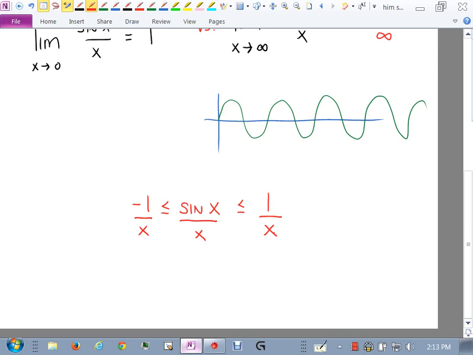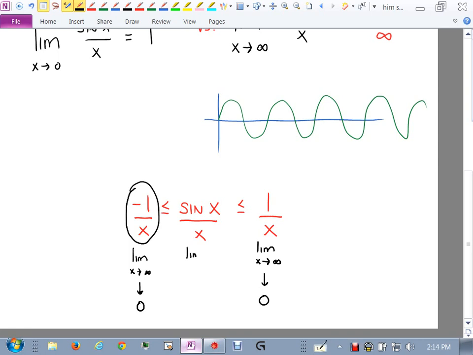Now what happens if I take the limit as x goes to infinity? It goes to 0, doesn't it? I'm going to put an arrow here. That goes to 0, right? And if I take the limit of this one as x goes to infinity, where does that one go? 0.